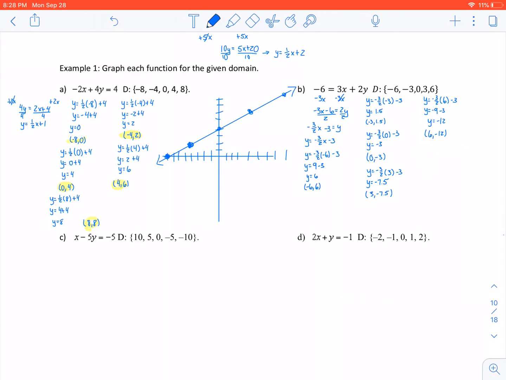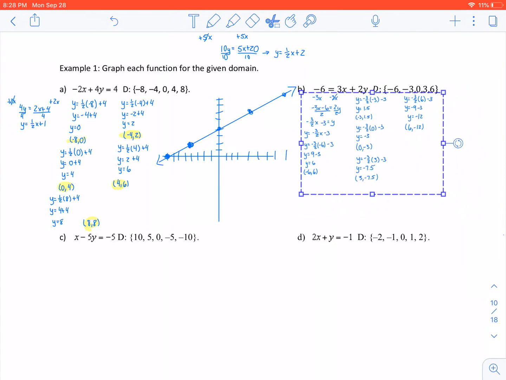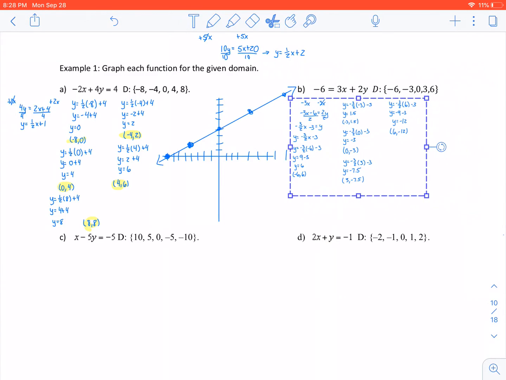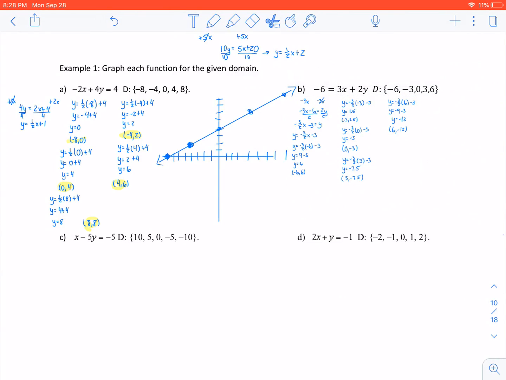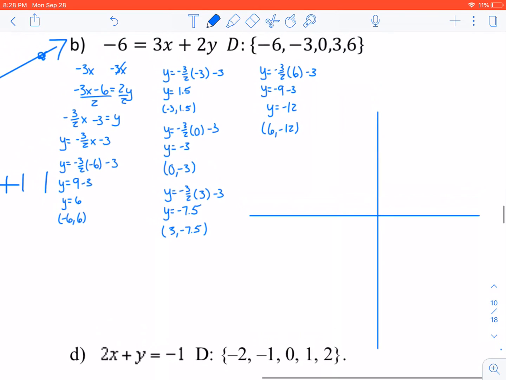Let's go ahead and graph these. Isn't Notability amazing? So my ordered pairs are negative 6, 6; 0, negative 3; 3, negative 7.5; 6, negative 12.